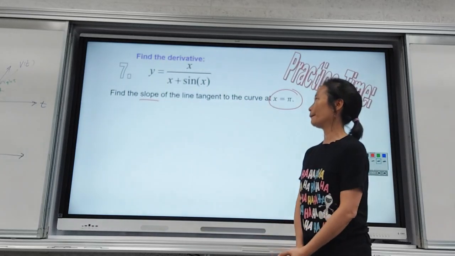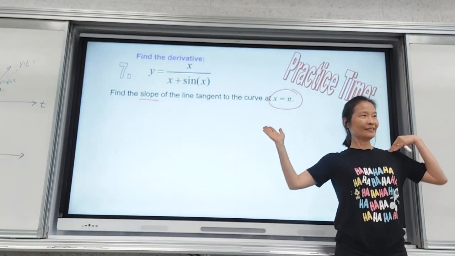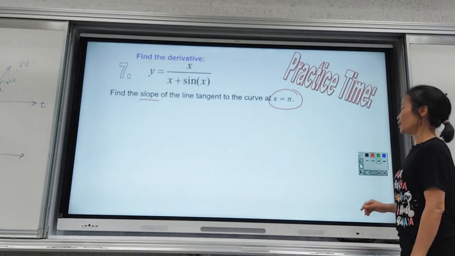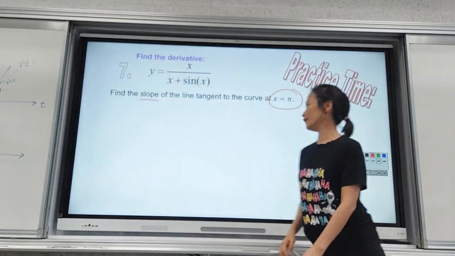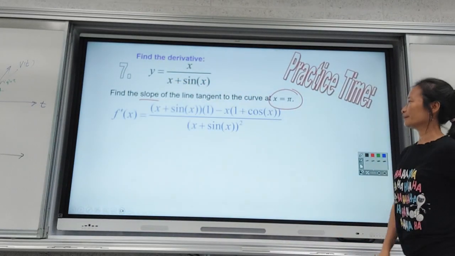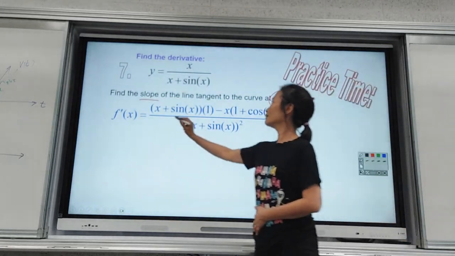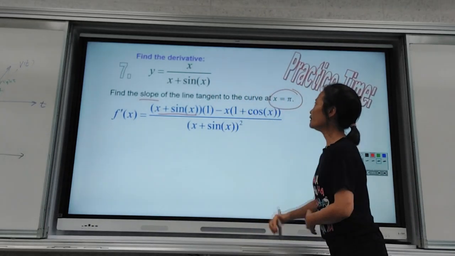So our first step is to find the derivative, okay? Using what rule? Quotient rule. So let's go. There we go. The derivative of x is 1.